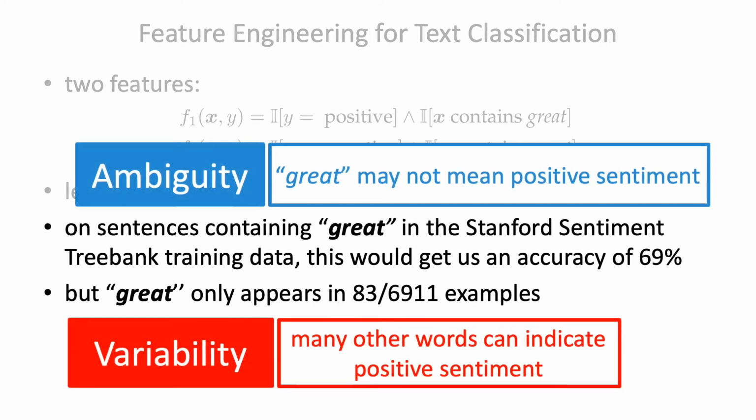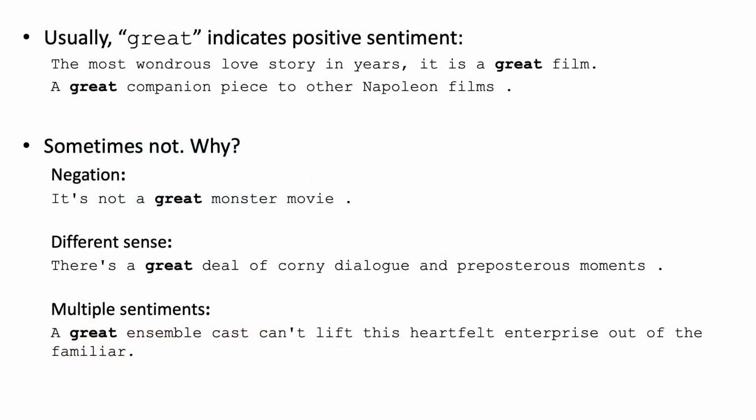And these are examples of ambiguity and variability in text classification. Great can mean many other things, and lots of other words can indicate positive sentiment. Here are some examples where great does not indicate positive sentiment. Could be due to negation, a different sense of the word, or multiple sentiments being present in the sentence, among other reasons.